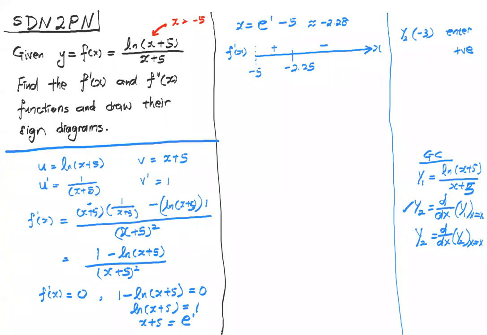Okay, so after I have done this, I will go to my f''(x). My u will be equal to 1 minus ln(x + 5), and my v here will be (x + 5), the whole thing squared.